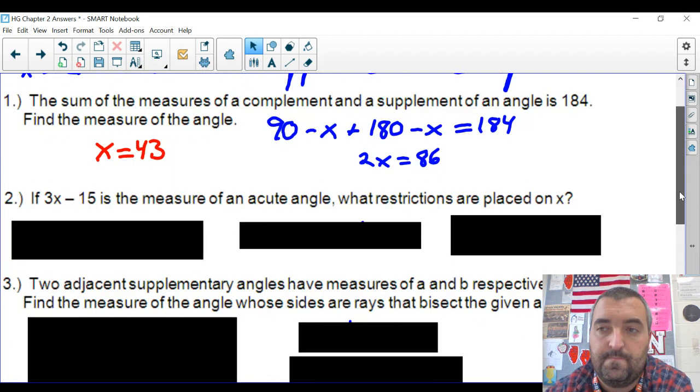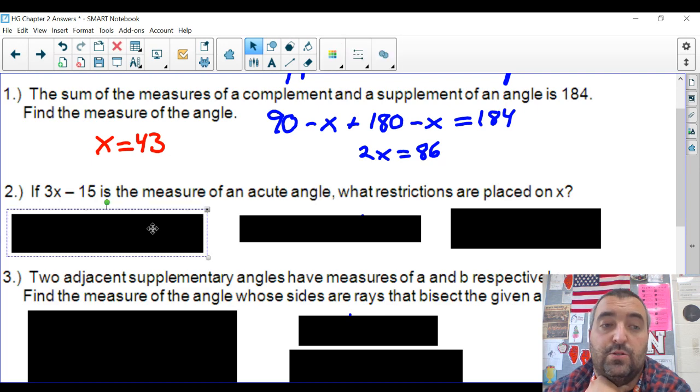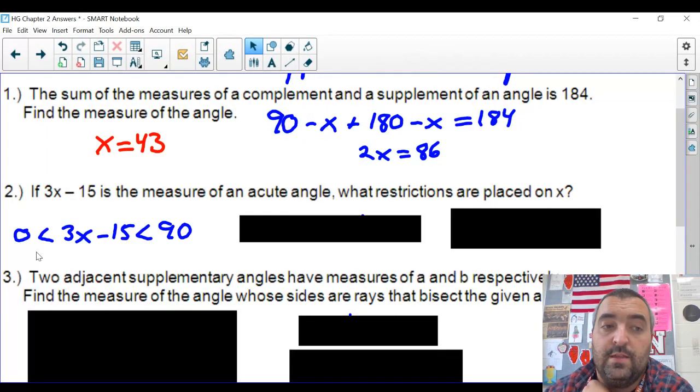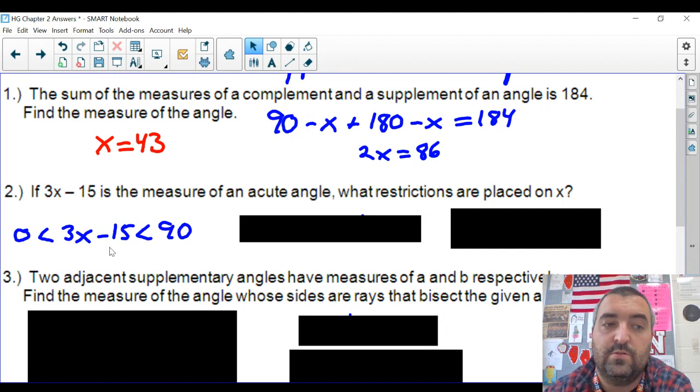For number 2, it tells us if 3x minus 15 is the measure of an acute angle, what restrictions are placed on x? If it's acute, that means it is between 0 and 90 degrees. So we put the two restrictions on each side. In other words, 3x minus 15, which is our angle, has to be between 0 and 90.